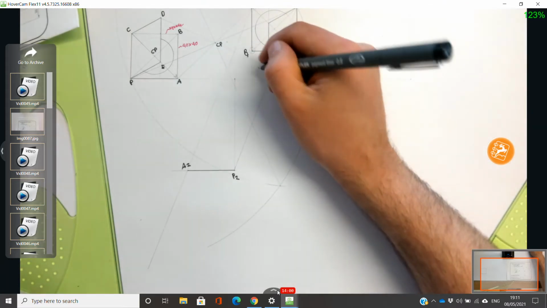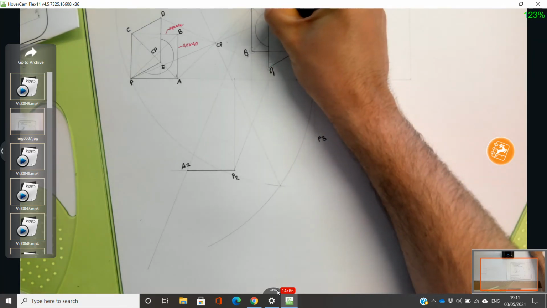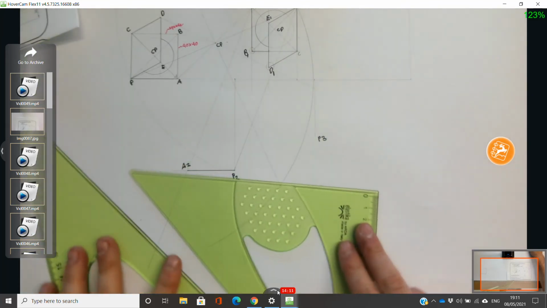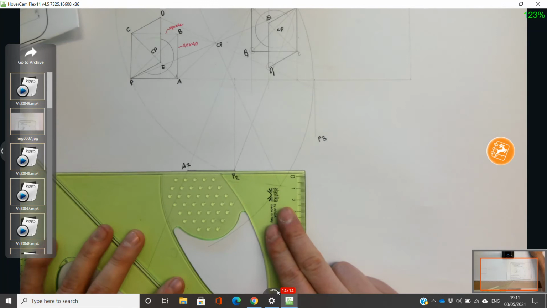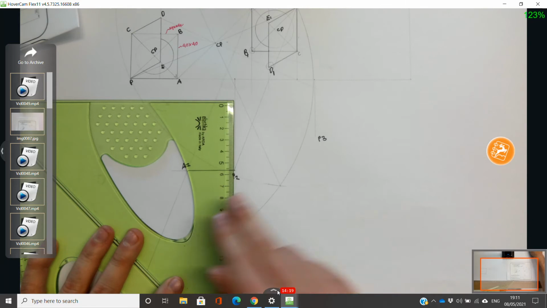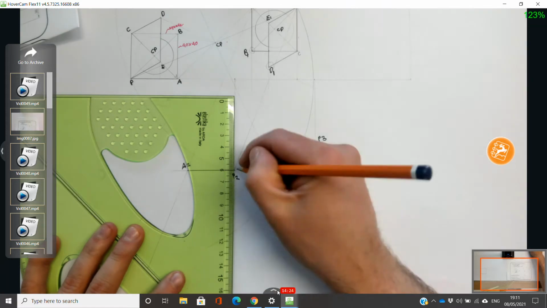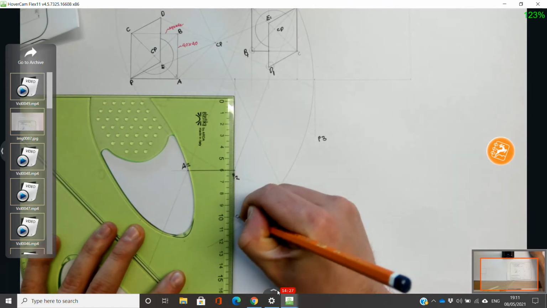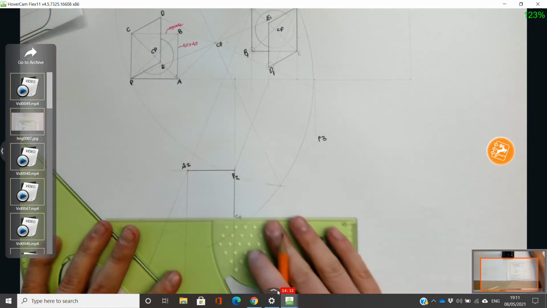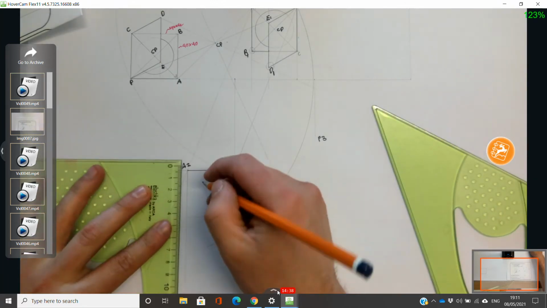Okay. Stays the same, right? So there's D1, E1. There's the center point. Right, so P2 to C2 should be 40 millimeters. I should make a right angle to this line. Keep the properties of the square. So there's C2. And here's B2 on it.